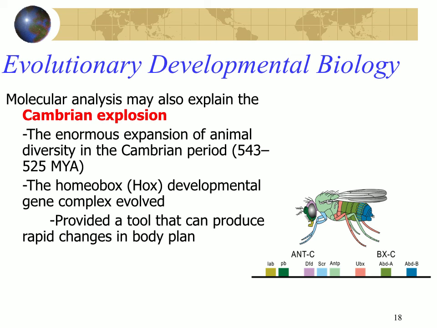And so you can turn these on to produce body structures like the head or the thorax or the abdomen. And you can see which genes are active here in this fly. And when these genes are active, they turn on a series of genes that result in the formation of a structure like a wing or a leg or a head.